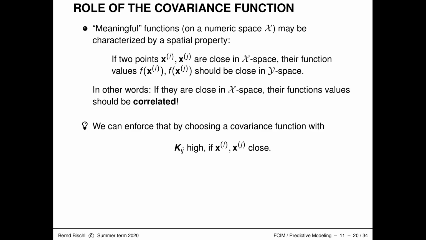That's kind of a continuity property, or a smoothness property of my function. And we can enforce this spatial property by choosing a covariance structure where the entry of my capital K matrix at position ij is high if xi and xj are very close together in numeric input space.